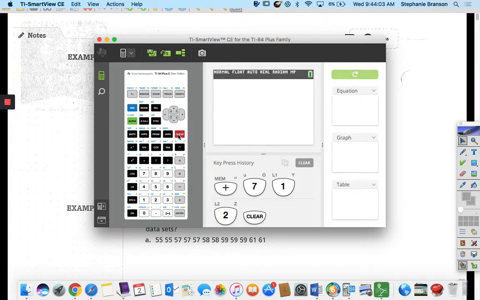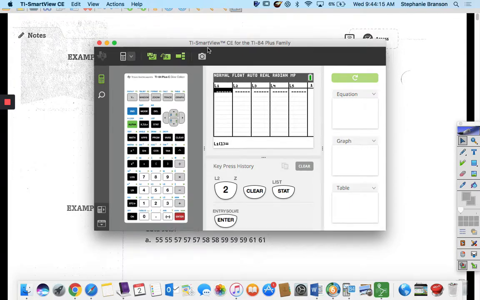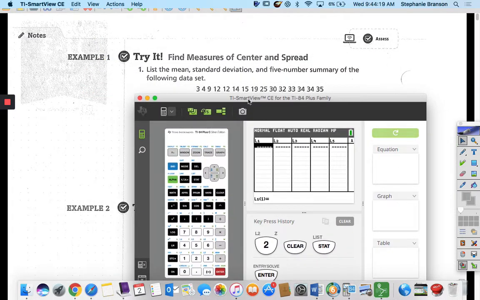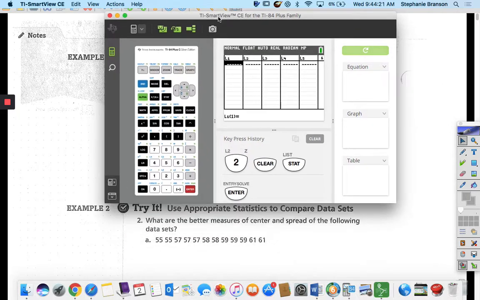So what we do from here is we go to Stat, and we want to edit our list. We're going to just put in L1, these numbers here, 3, 4, 9, 12, and so on, those 15 numbers.